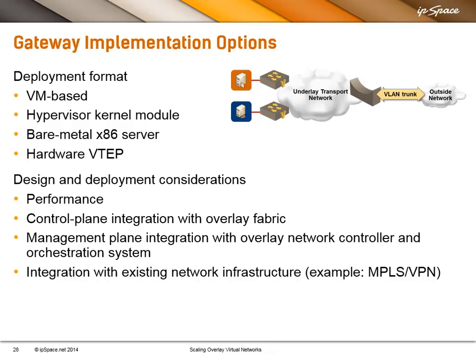So if you configure a new tenant in the cloud management system and assign an outside VLAN to that tenant, will you be able to automatically deploy that definition into the gateway, or will you have to write your own glue? And finally, how will you integrate with the existing WAN infrastructure like MPLS VPN, which is particularly important for MPLS VPN providers that want to enter into the cloud services business.